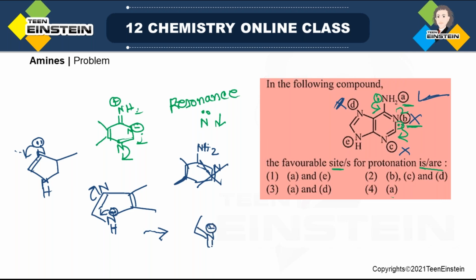Now nitrogen is positively charged. It is already, hydrogen is there, and negative charge over this nitrogen. So in case of E, resonance is possible. So out of A, B, C, D, E, only in case of B, C, D, resonance not possible. That means this will be the ideal site for protonation. That is the favorable site. So correct option according to this logic, it should be option 2, that is B, C, D. Fine.